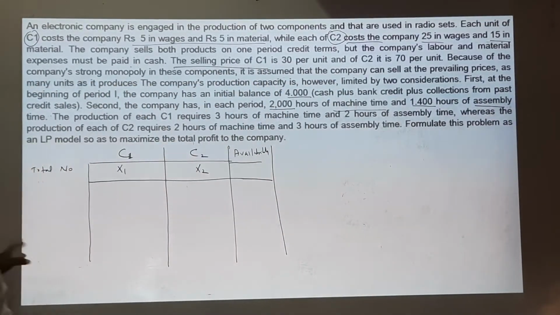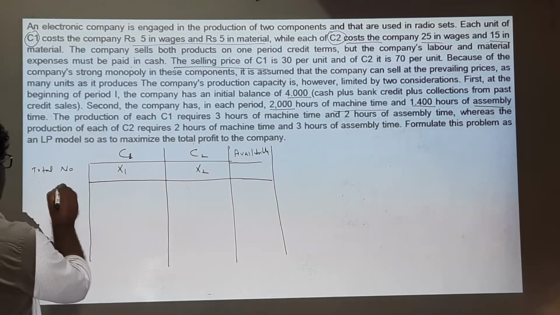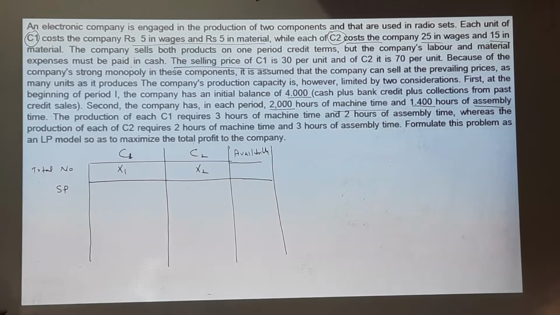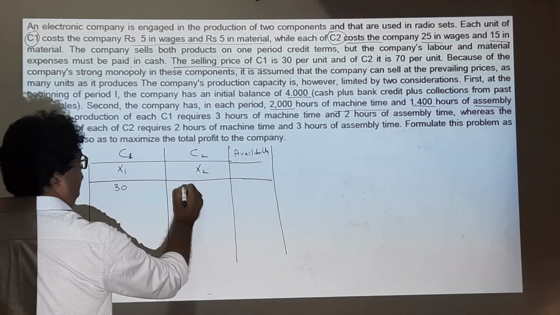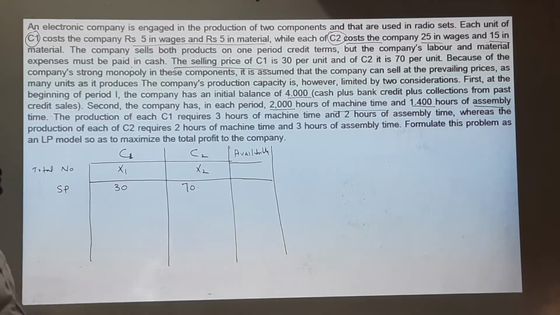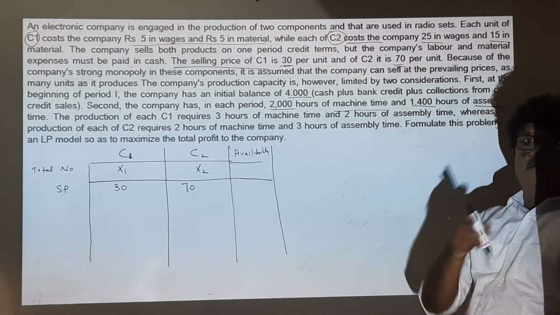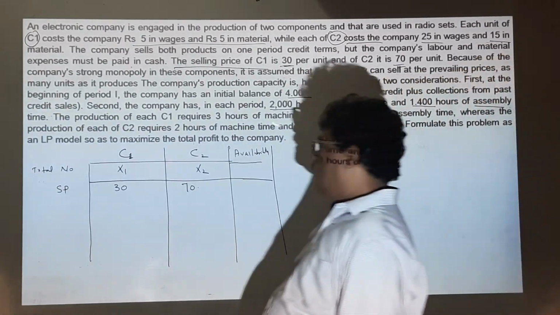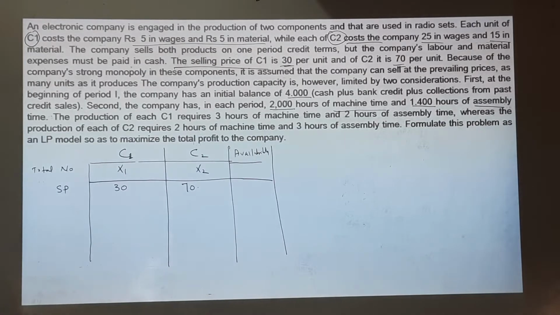Now what is the selling price? The selling price is given. What is the selling price of C1? 30 per unit and here it is 70 per unit. You can just find out from the question itself. Selling price of 1 unit of C1 is 30 rupees and selling price of 1 unit of C2 is 70 rupees.